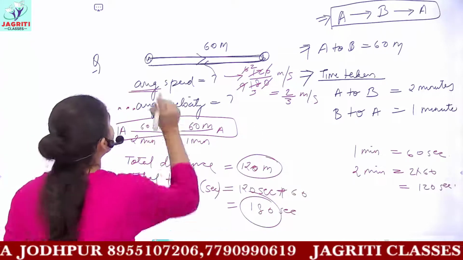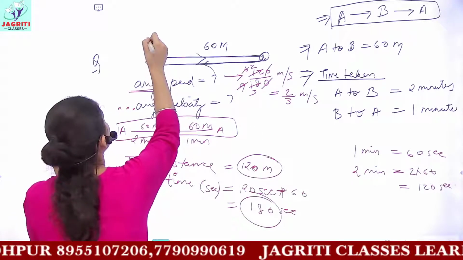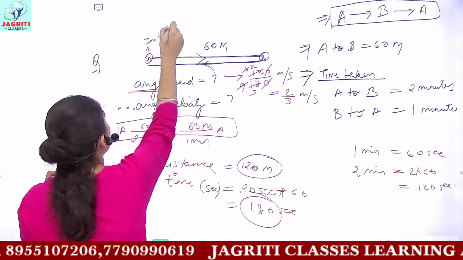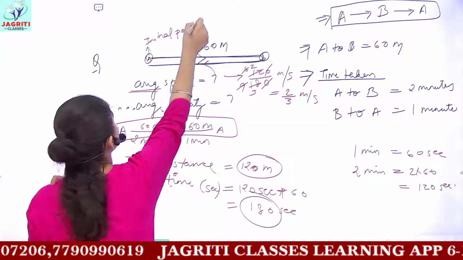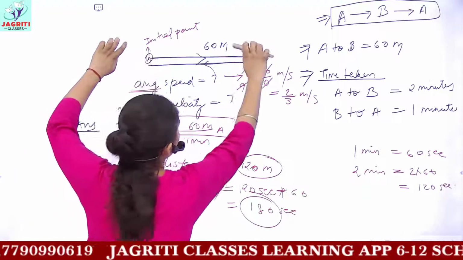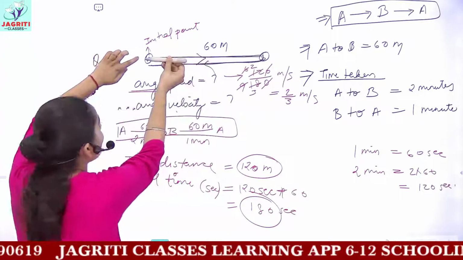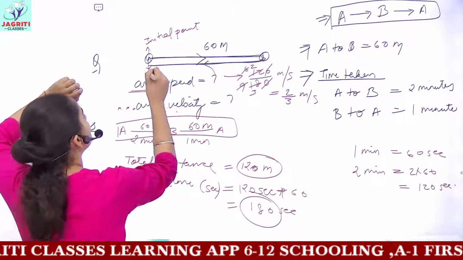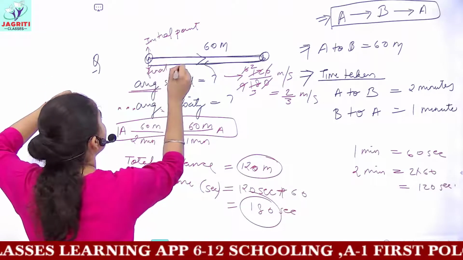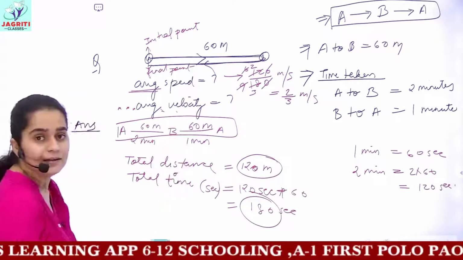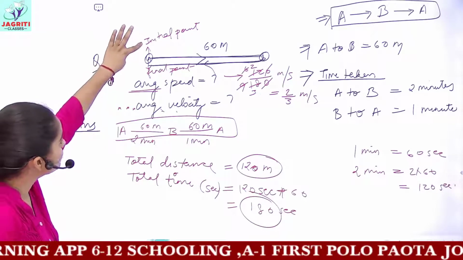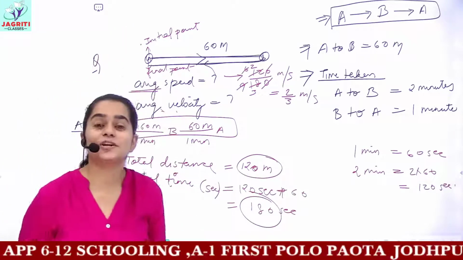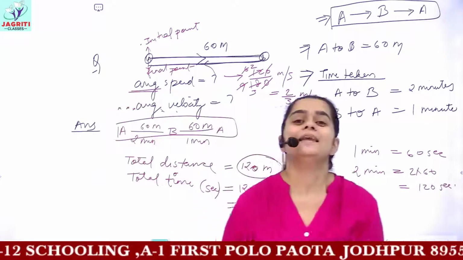So let's see, the object started from A. So this is the initial or the starting position. Then the object traveled to point B and it turned back and again traveled to point A and ended its journey. So A is also the final position of the object here. Now we said that when initial position is equal to final position, what is the displacement? Correct.